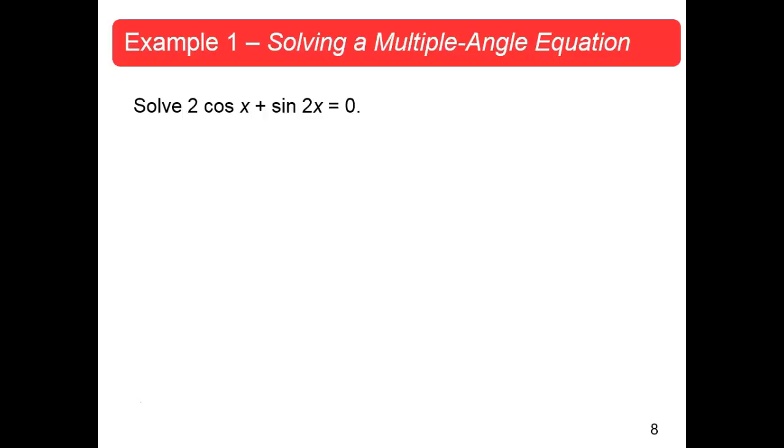All right. Here was example 1. We got right up to it, but didn't get to do it. So, this is your issue: 2 cosine x plus sine 2x equals 0. How in the world can we solve that equation? I see 2 problems with it. Do you see any problems with it?